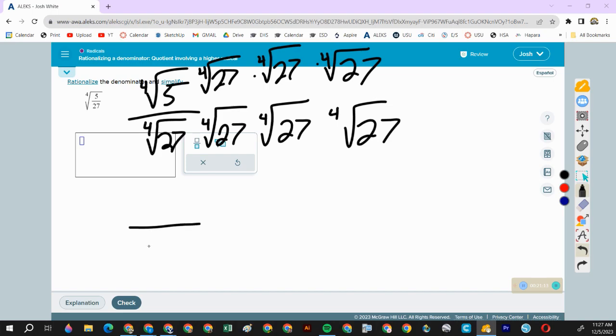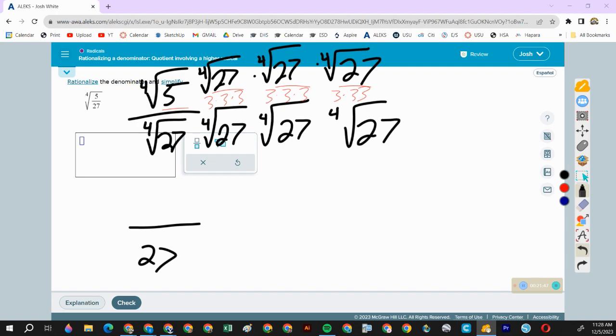The bottom just becomes 27. Should I multiply all those together? No. When I multiply them together, what am I going to do after that? I'm going to factor it down to its prime factorization. So I'm not even going to bother multiplying them together. I'm just going to remember it's 5, 3, 3, 3, 3, 3, 3, 3, 3, 3.